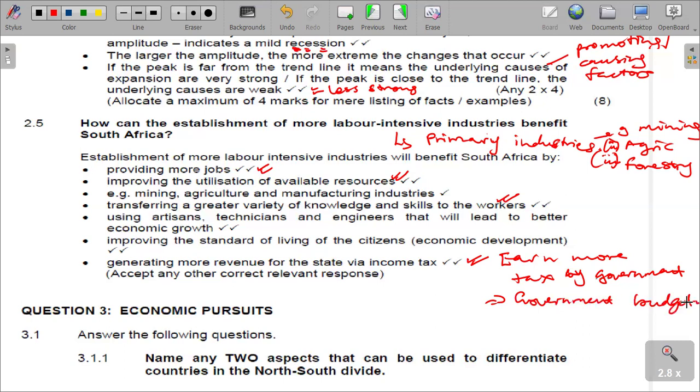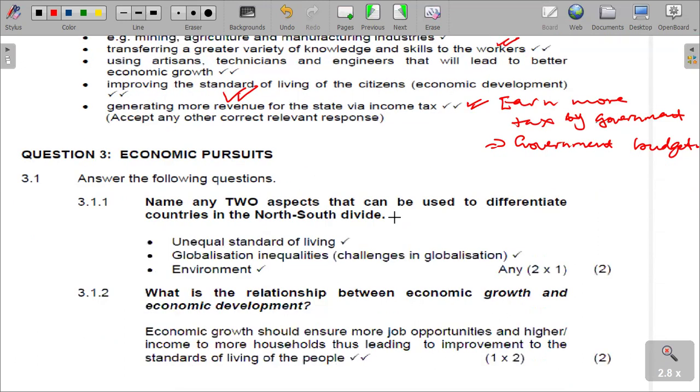We have an improvement in the government budget. That is one other point that we need to understand. So these are also generating the income that the government needs, quite a lot. These are some of the factors that are there.